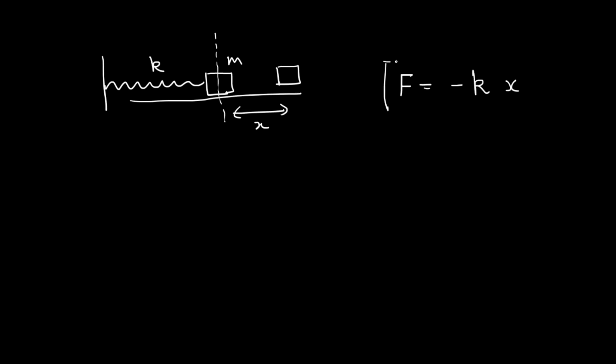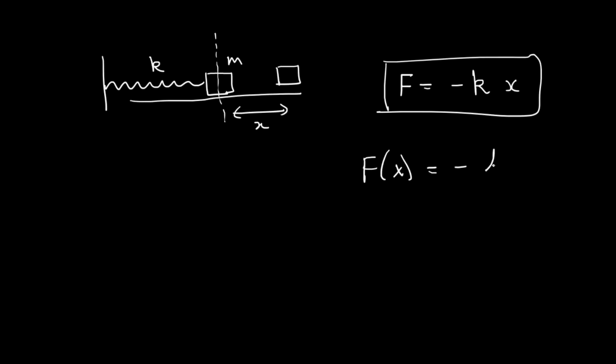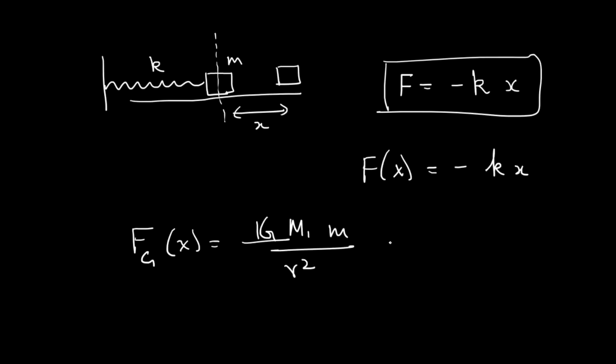So once again, we have an example of a force whose value we get to know if we know the position of the object. And once again, let me repeat, force of gravity depends upon x, that is equal to G m1 m upon r square, where m1 is the mass of earth, and this is the mass of the object.